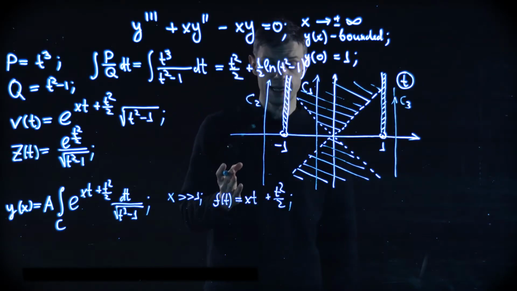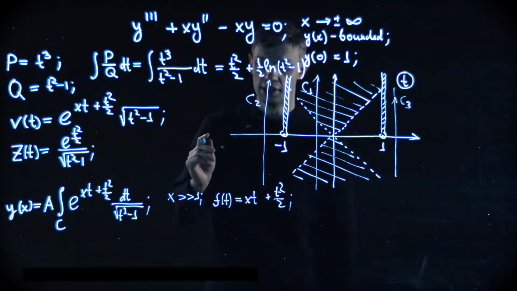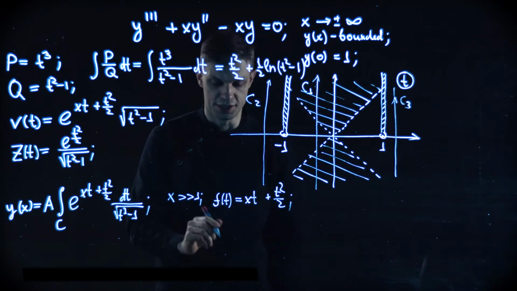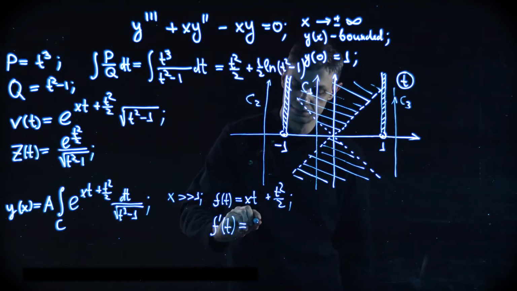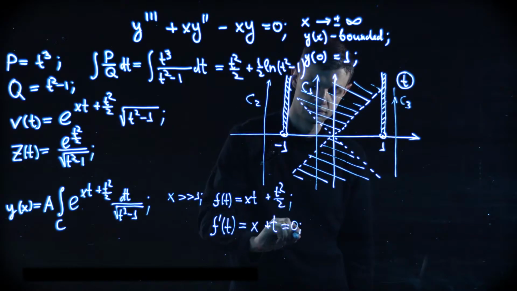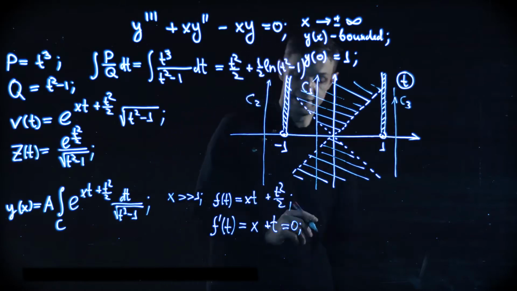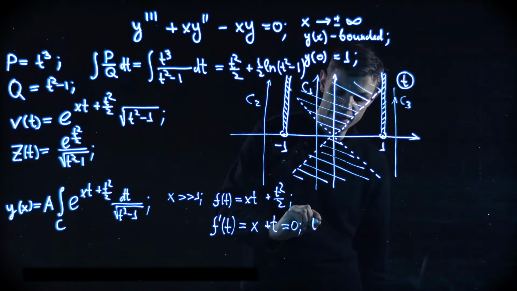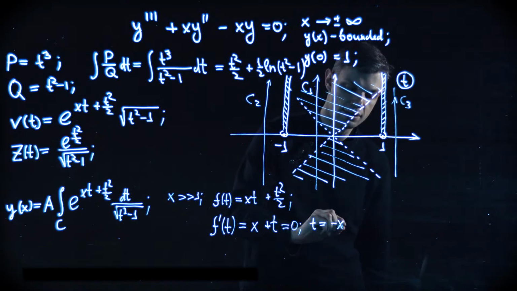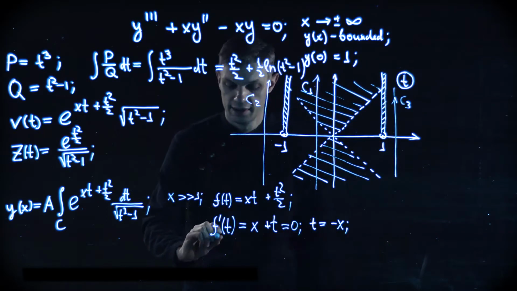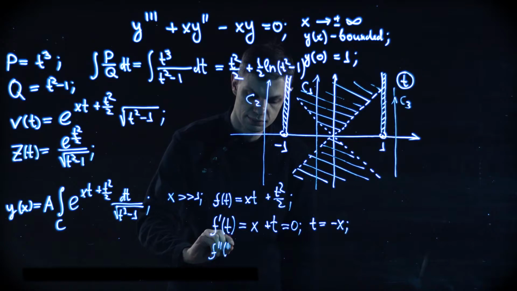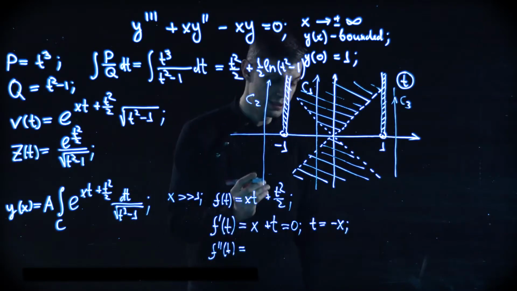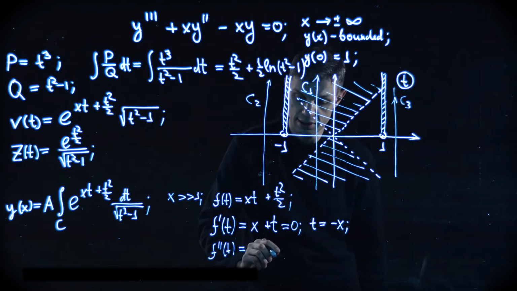So let's look for the possible saddle of this function. So we differentiate it. And here we go. There is a saddle at t equal to minus x. The second derivative is independent of x.